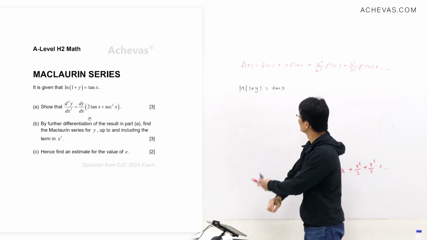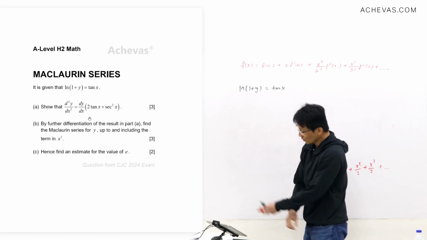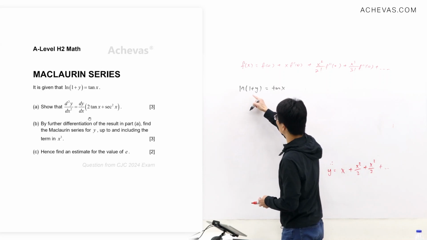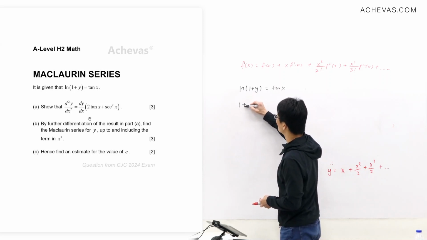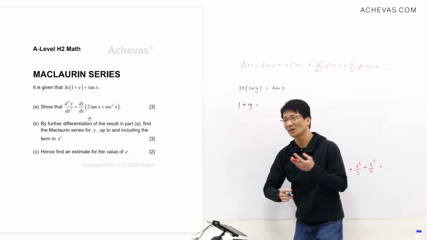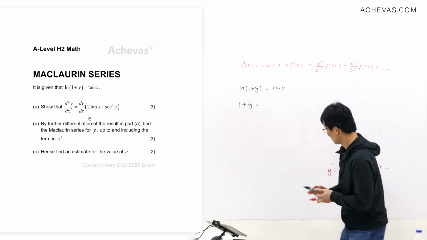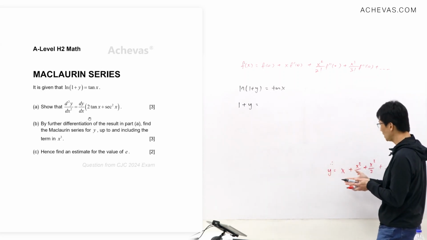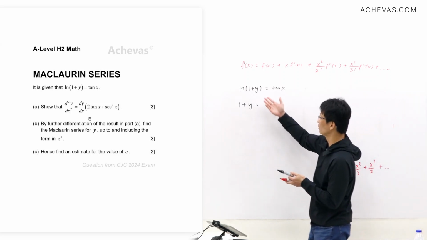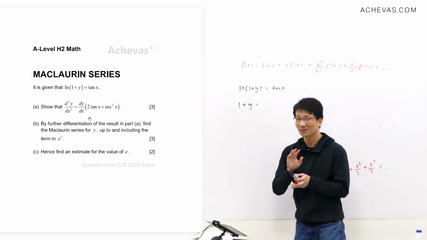Okay, so from here, maybe I can just try to make y the subject first and see what I will get, because I think I will definitely need the expression for y.